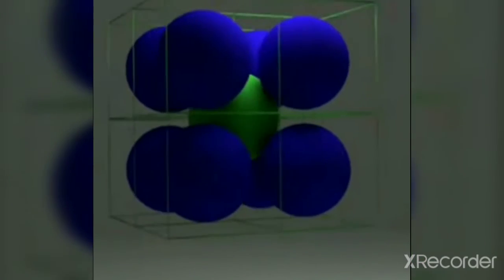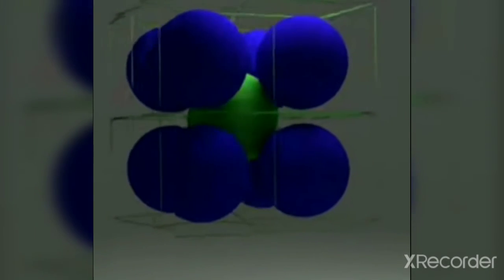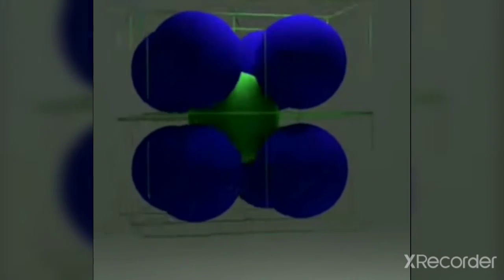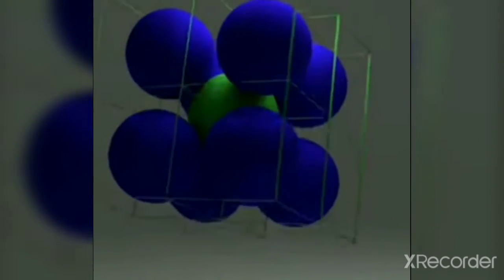So the coordination number in the body-centered cubic crystal is equal to 8. See here also, the centered atom, the green one, is the body-centered atom. It is surrounded by 8 solid hard-sphere blue atoms. So it is surrounded by 8 nearby atoms, meaning the coordination number is equal to 8 in the BCC structure.